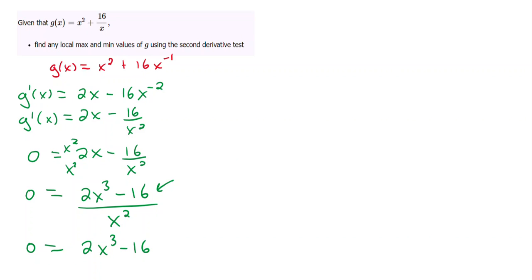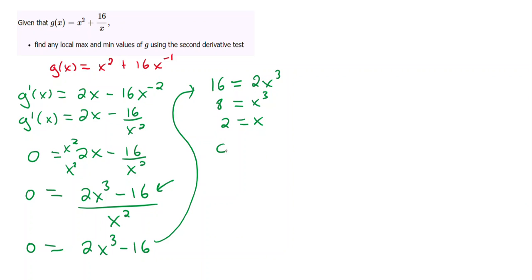So bring 16 to the other side, so I get 16 is equal to 2x cubed. Divide by 2, so we get 8 is equal to x cubed. And then take the cube root, so we get x is equal to 2. All right, so we have a critical number of 2.